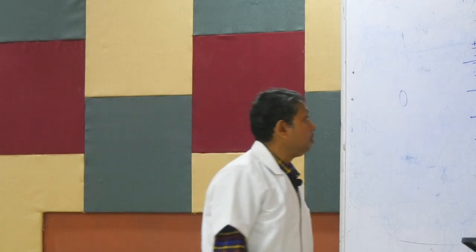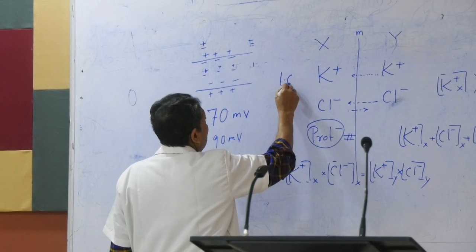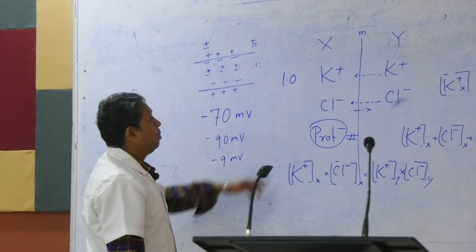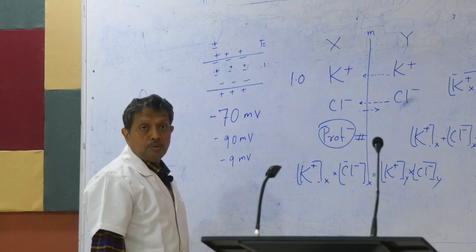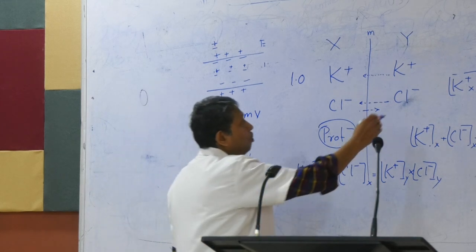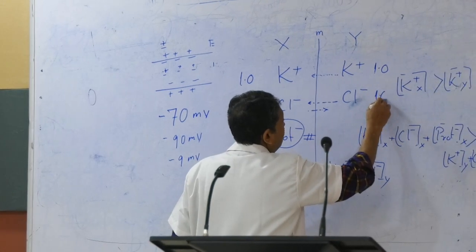Suppose it is 1.0 millimole of potassium, and chloride together is 1.0, and here it is 1.0 initially, at the beginning.